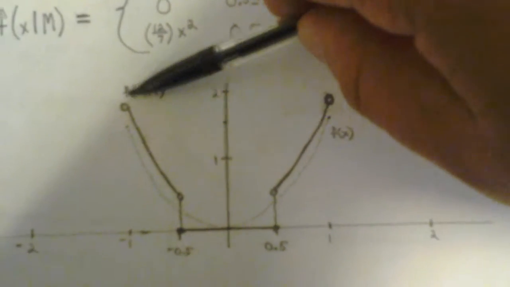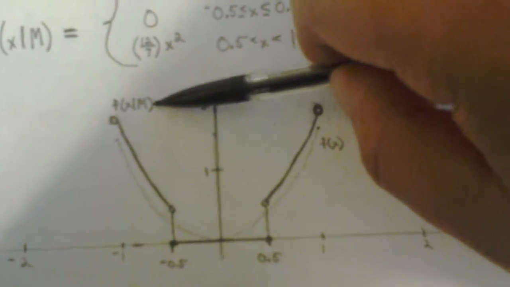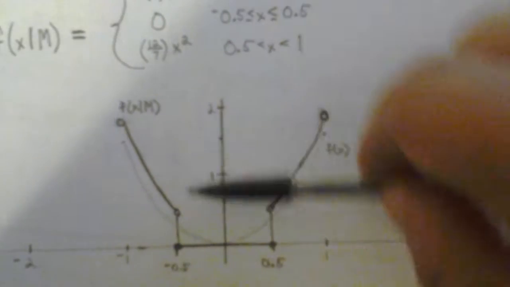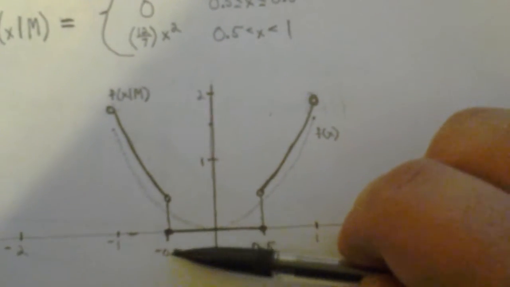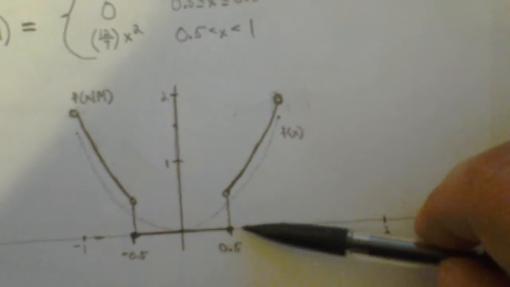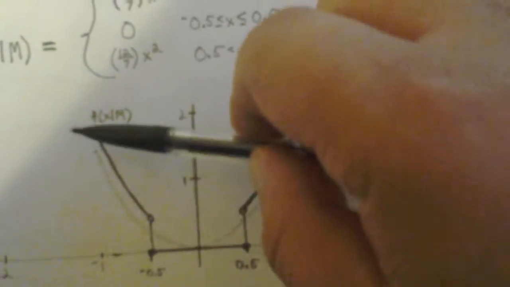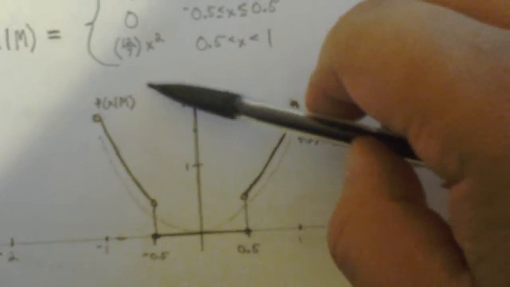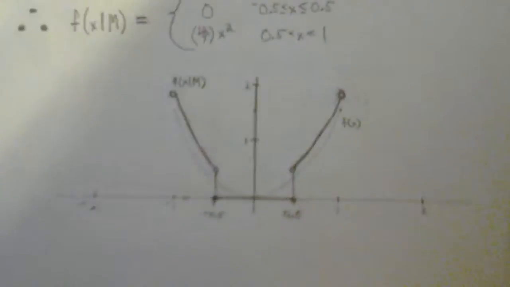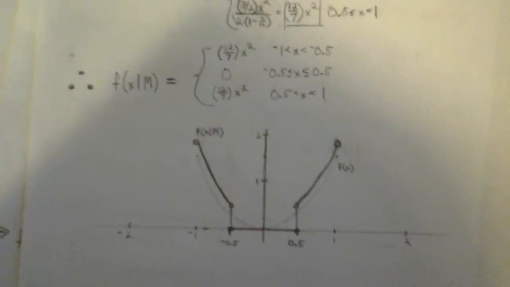So this is the equation within the M space. You have this curve, it stops abruptly at -0.5, is 0 up to 0.5, then picks up again. Notice the symmetry, though, between whether we're working with f of x or f of x on the condition of M. And that's the end of our problem.